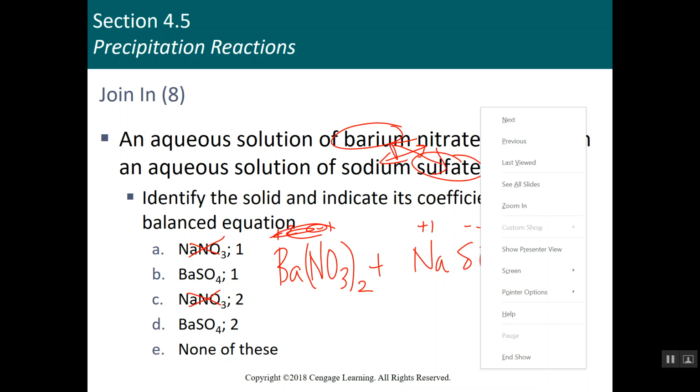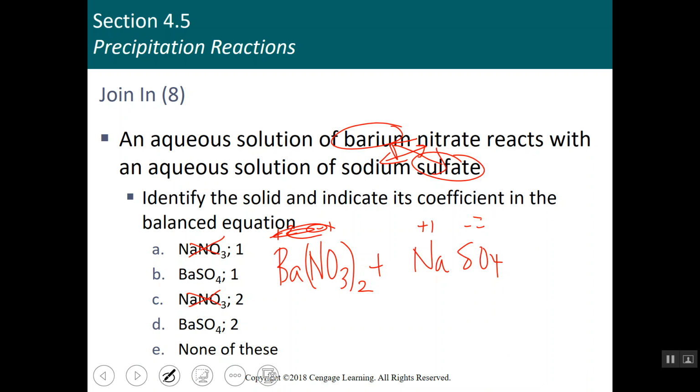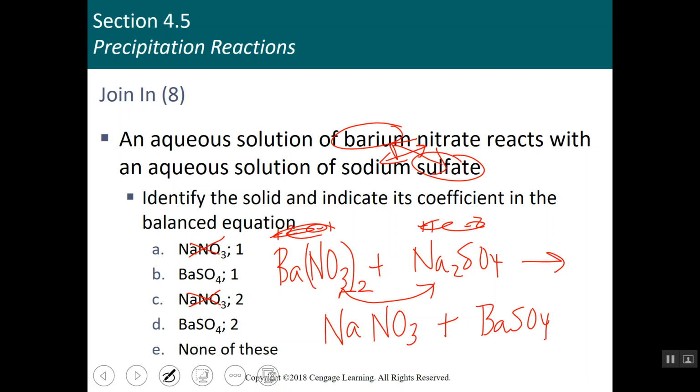Sulfate's a -2 because it's one of those you had to memorize. Crisscross, and I put a 2 there. And then when I balance that out, I take my inners and put them together. So sodium nitrate and barium sulfate. Charge balance, +2, -2, we're good on that one. +1, -1, we're good on that one. But we need 2 of those.